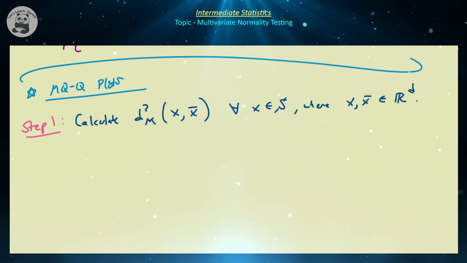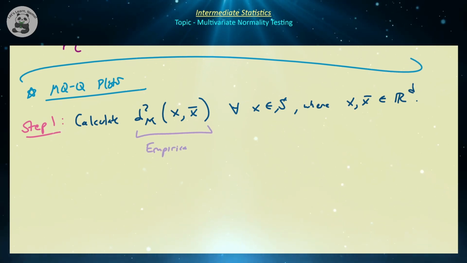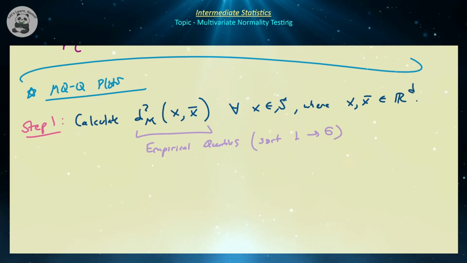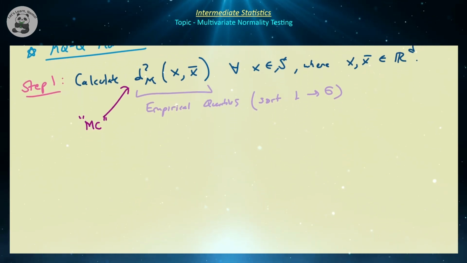So these are going to be our empirical quantiles, and make sure that you sort them from least to greatest. Let's assume I define these Mahalanobis quantiles in a vector. Let's call it ME, just for semantic purposes.